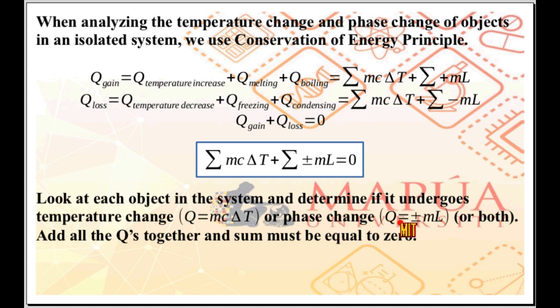You have Q is equal to plus-minus mL. Add all the Q's together, and the sum must be equal to 0. Summation of mc delta T plus summation of plus-minus mL is equal to 0.